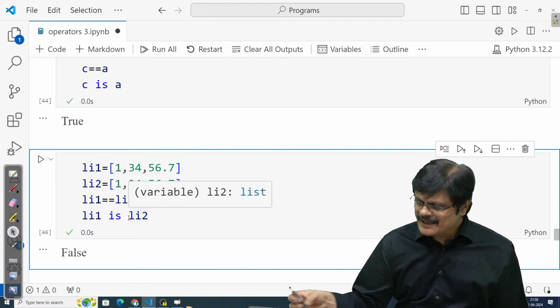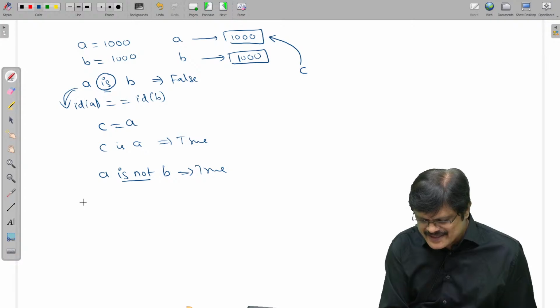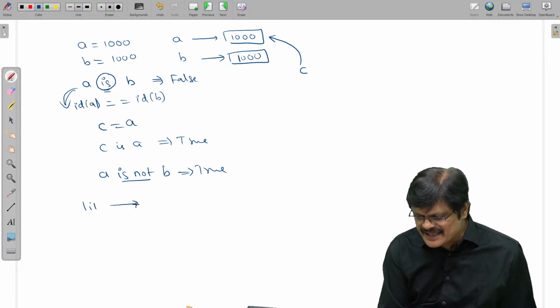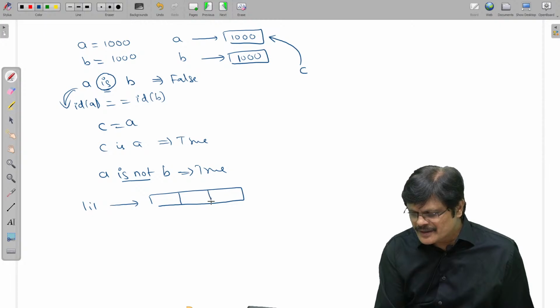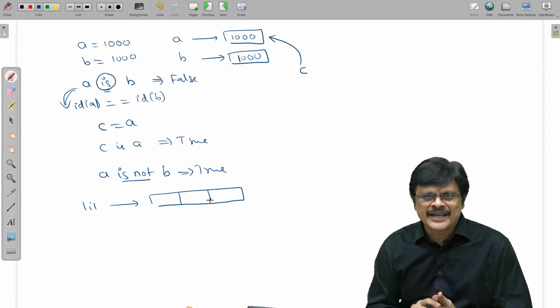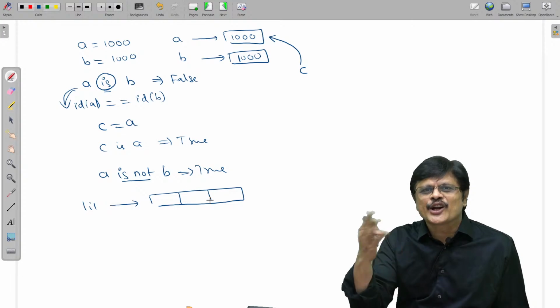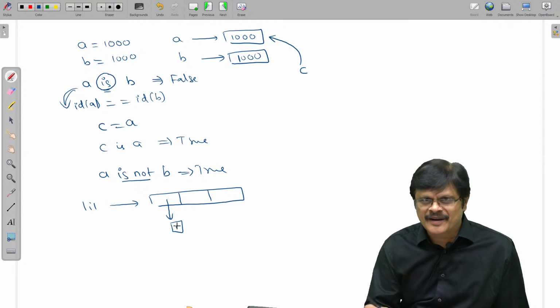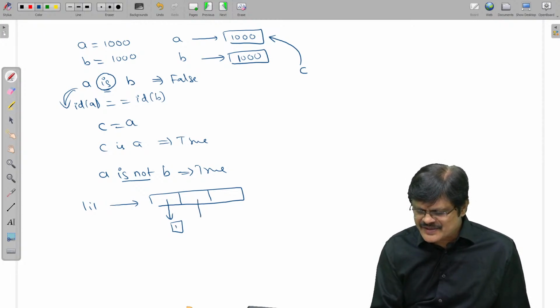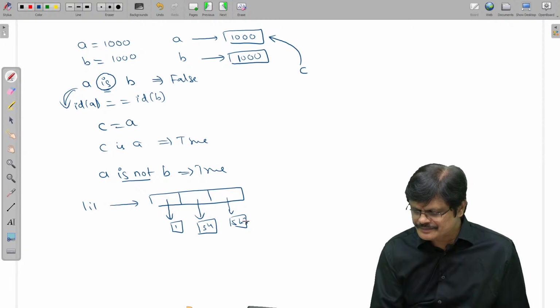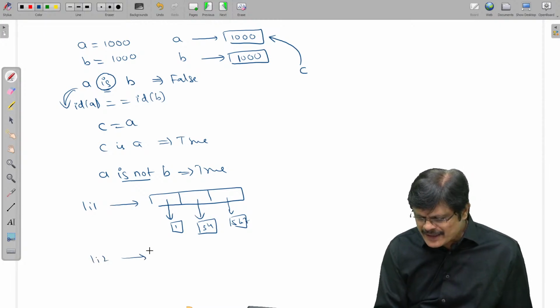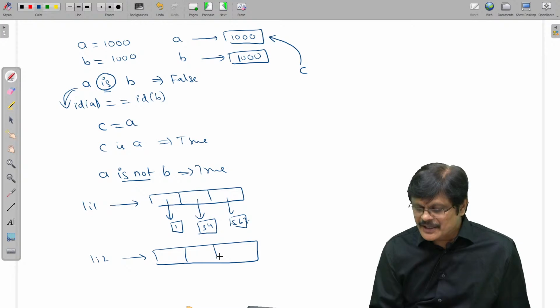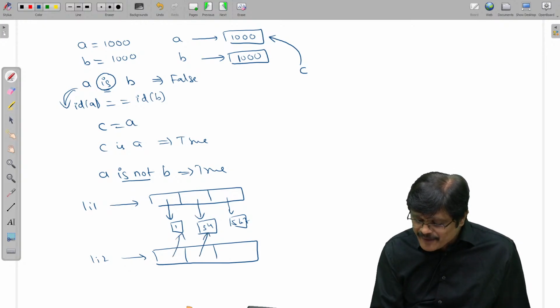What may actually happen here is list 1 is referring to this particular list object, which is a container of other objects, where this element contains the reference to 1, and this one may contain the reference to 34, and 56.7. And list 2 will go into a completely different object. Sometimes these elements may refer to the same thing.